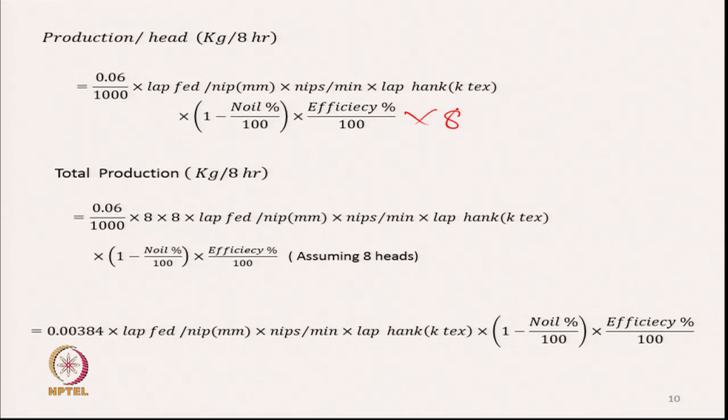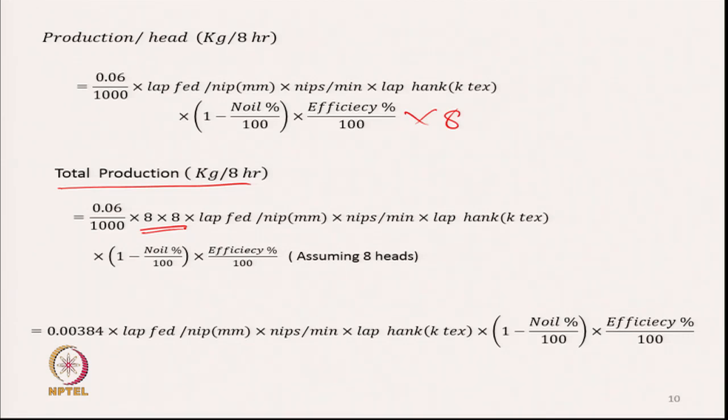Now, for the production of the whole machine, the total production, I have an 8 head machine, so I have to multiply it by another 8. The first 8 is because of 8 hours, and the second 8 is because the machine has 8 heads.